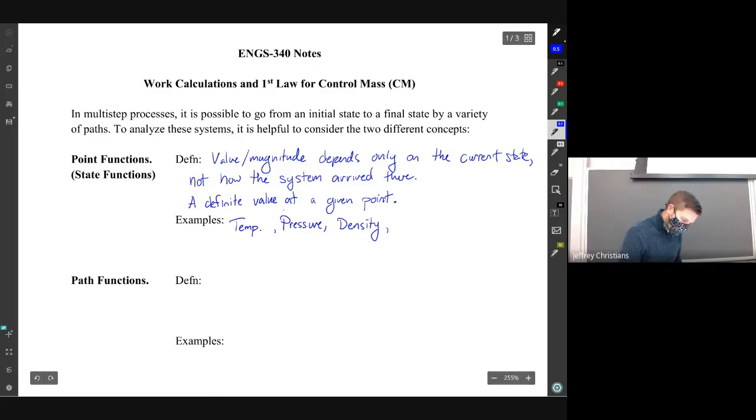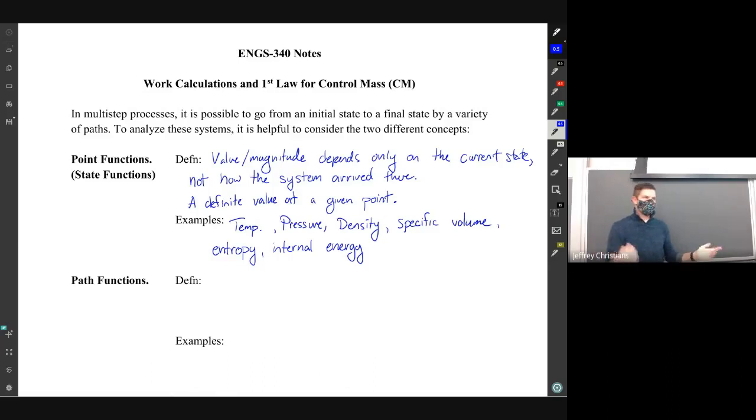So density, specific volume, entropy, internal energy. I'm just writing down the things that we look up in our tables.